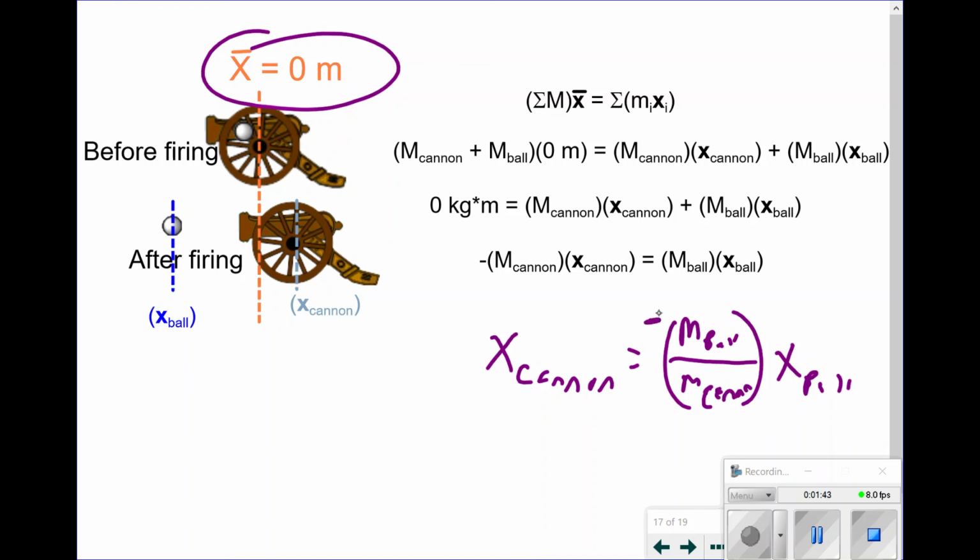And then we have a negative sign that comes over as well, which means the location of the cannon must be opposite in direction of the ball itself, and that if the cannon was 5 times more massive, the cannon would have traveled 1/5 that displacement, because it has 5 times the mass of the cannonball. It has 5 times the inertia. It carries 5 times the weight in the overall system location.